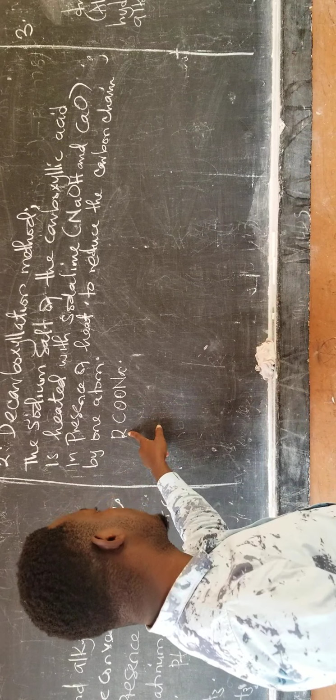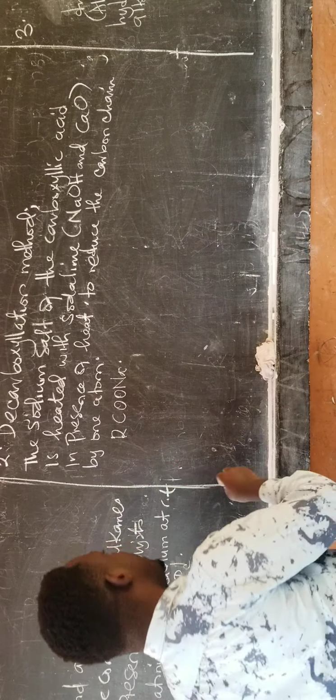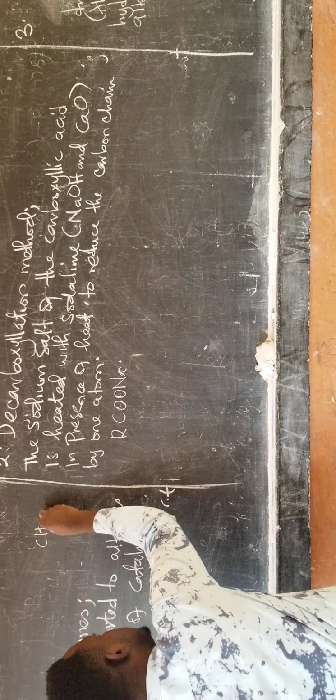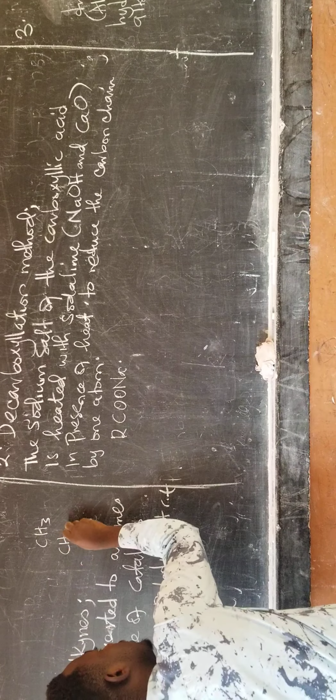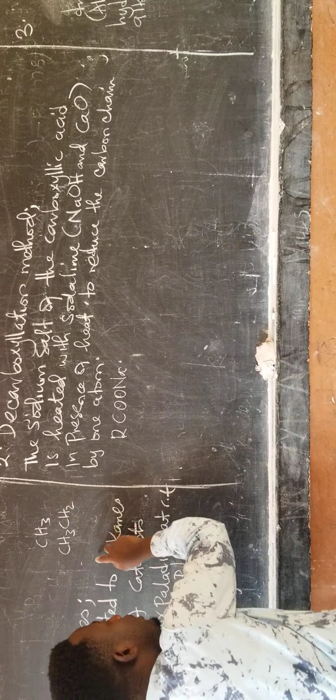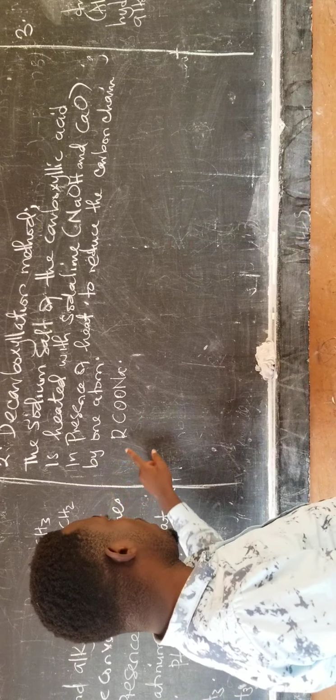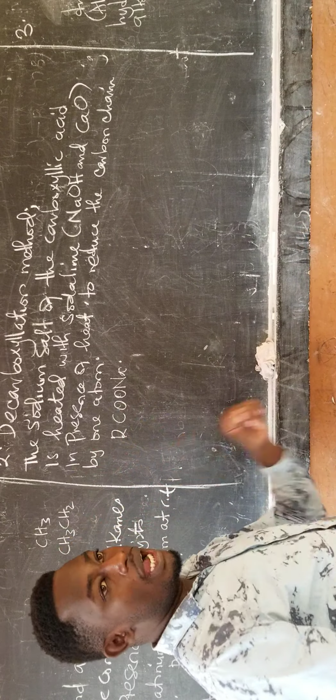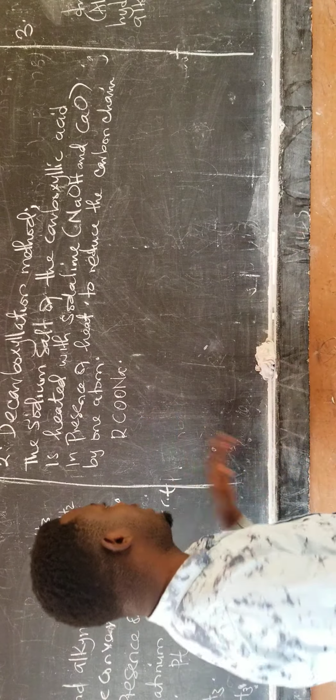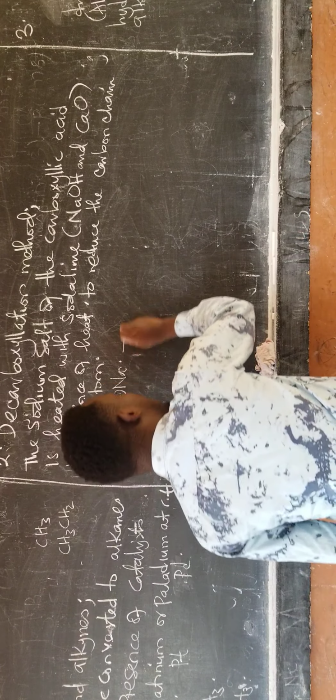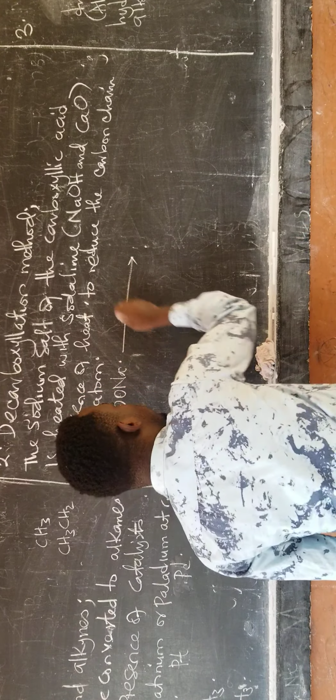Of course, R in this case, remember we said R can be CH3, it can be CH3CH2, it can be as big as possible as long as it is a derivative of an alkane. So in that case I must use soda lime.